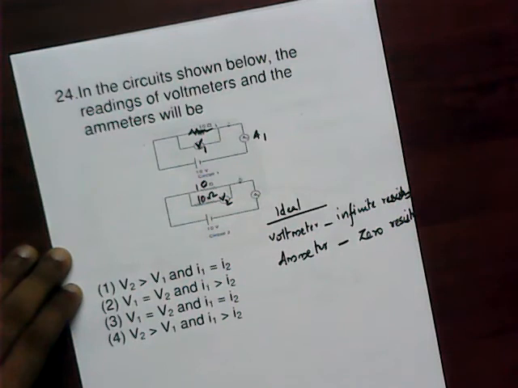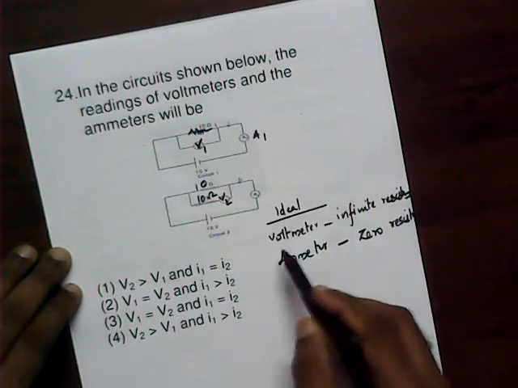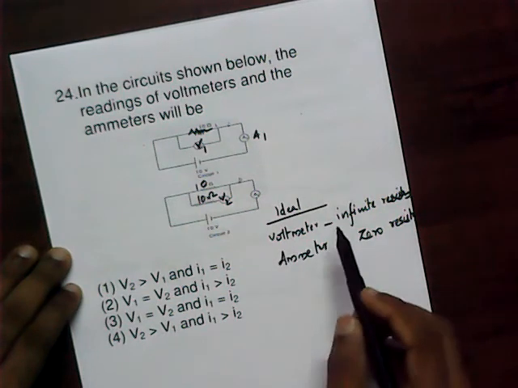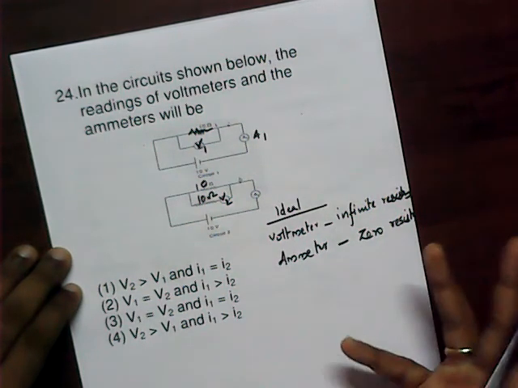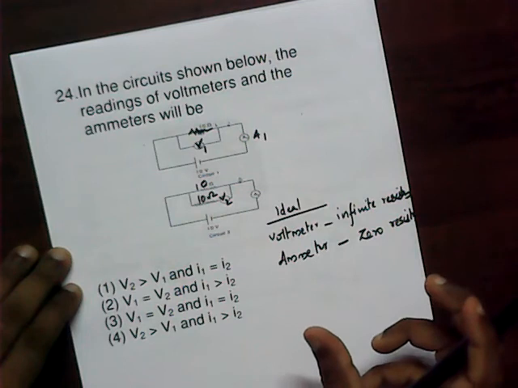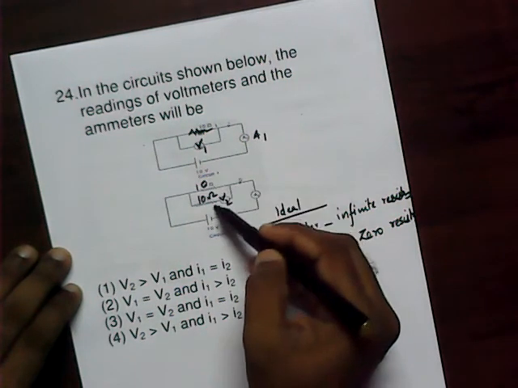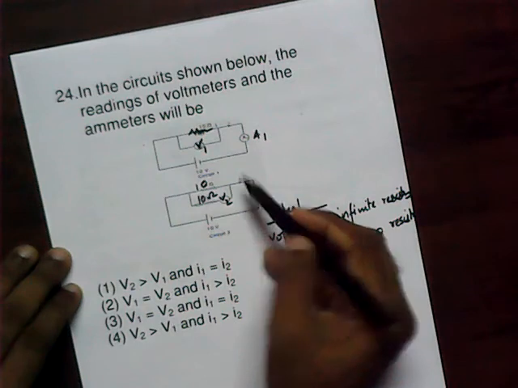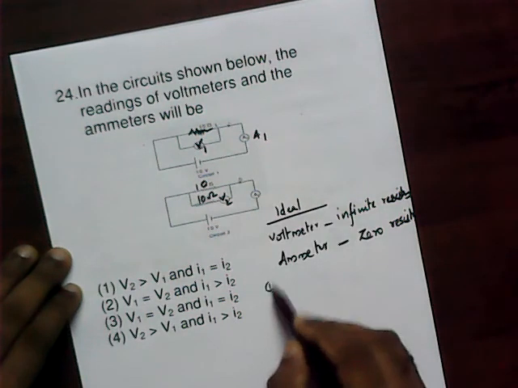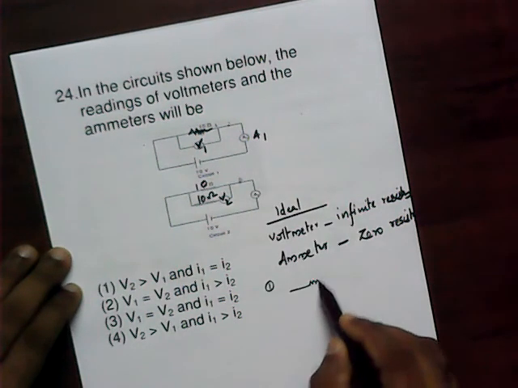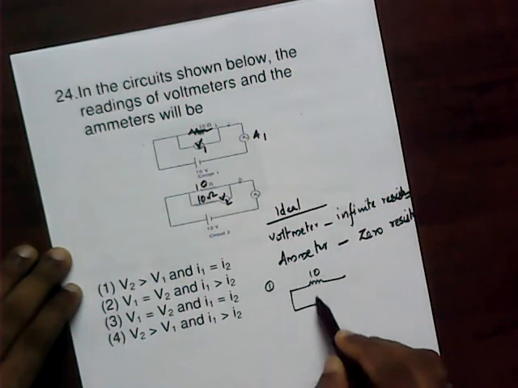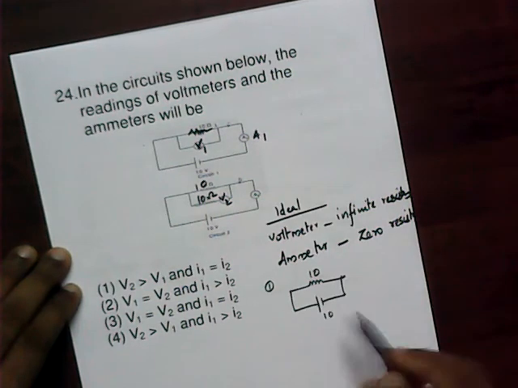So at first we can just think about the voltmeter reading for both. So we can avoid that because of the infinite resistance. So it is equivalent to a gap. So this can be cancelled and this can be cancelled. So in the first circuit, it is equivalent to a 10 ohm resistor connected to 10 volt.